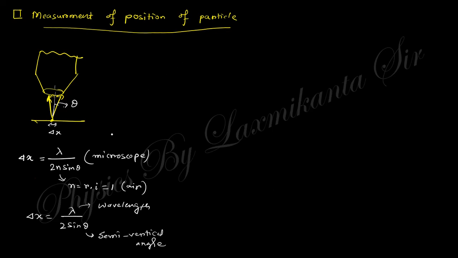Here delta x is the error in measuring the position. If you want to reduce delta x, lambda must be reduced.